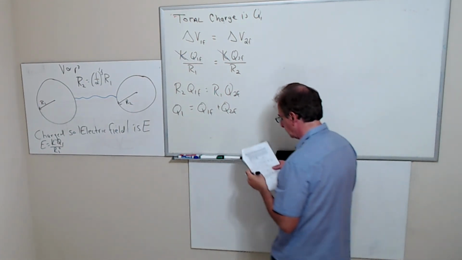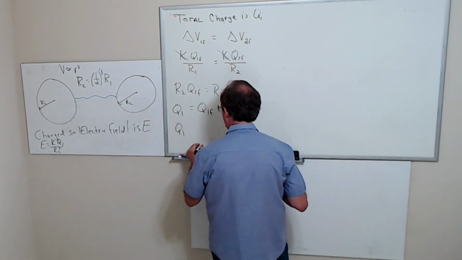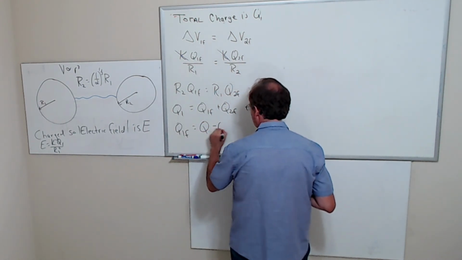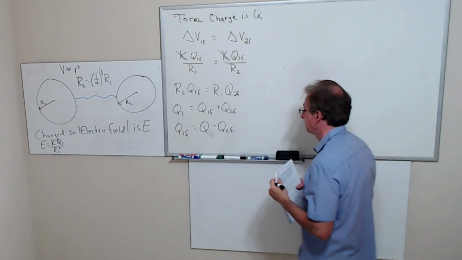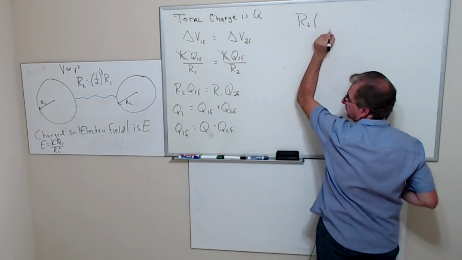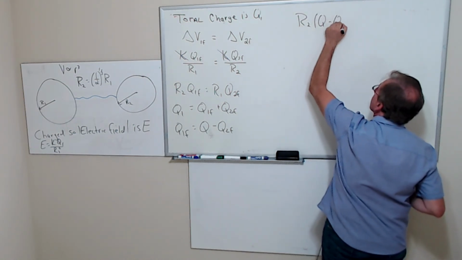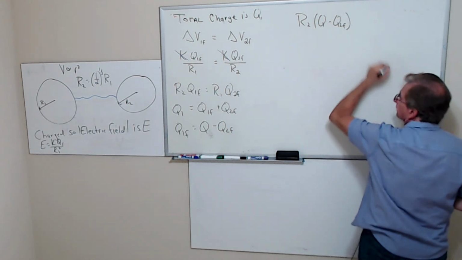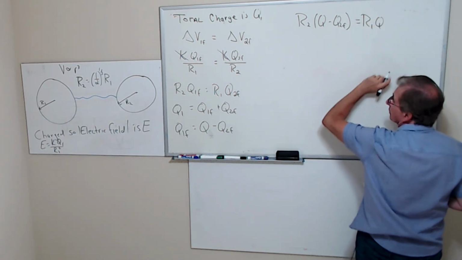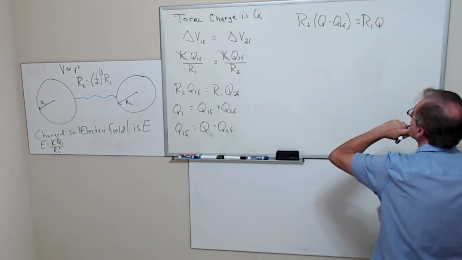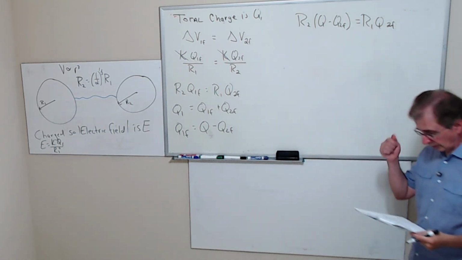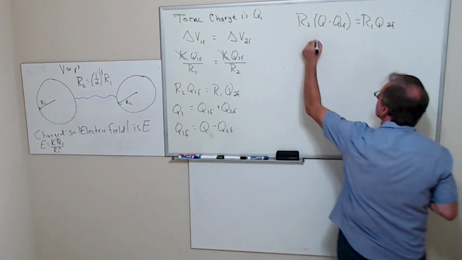So let's say I write Q1 final as Q minus Q2 final. Then I can take this and substitute it up here. So really right now I can solve for Q2 final.